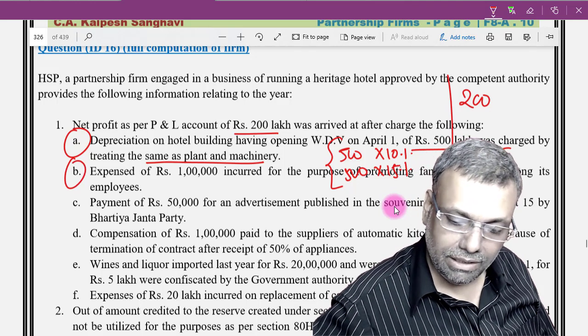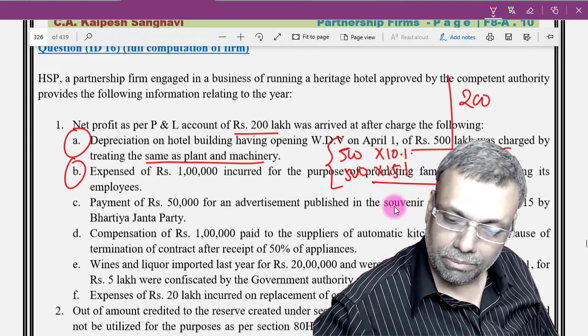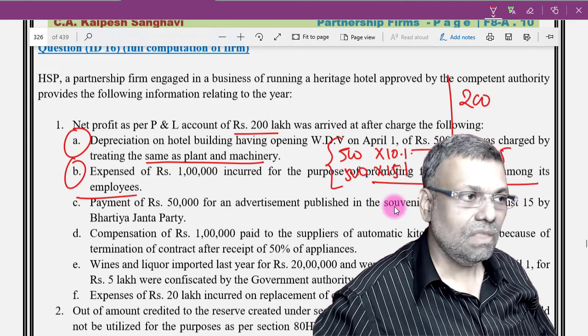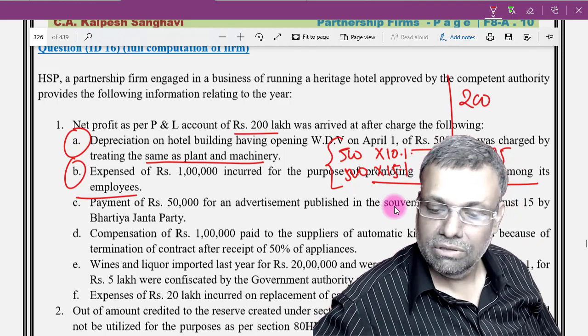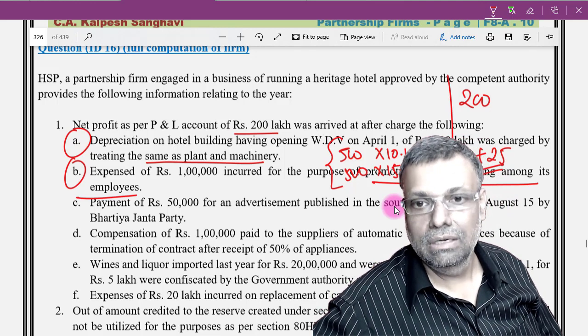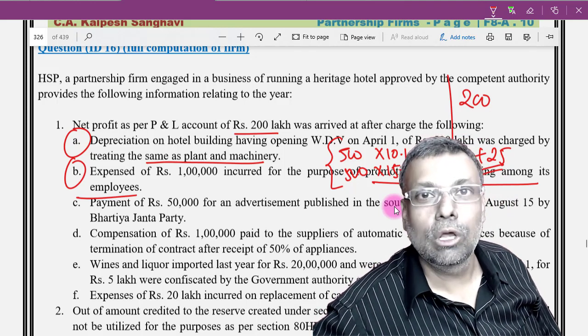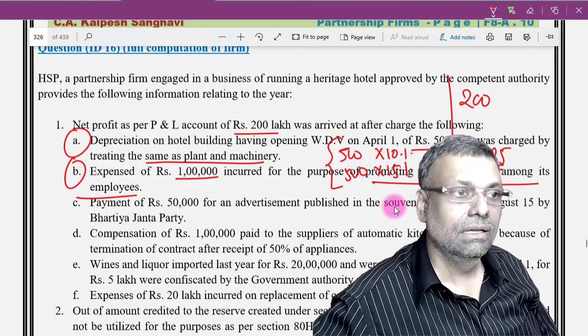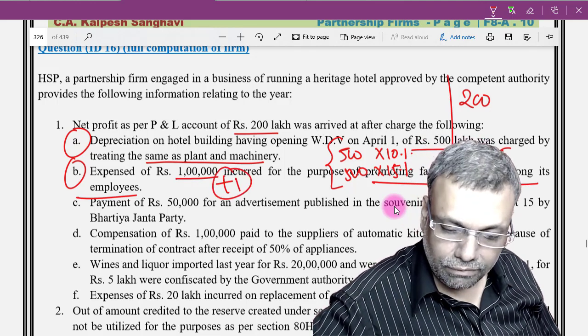Point number B. Expense of 1 lakh incurred for the promotion of family planning pertaining to its employees. Now, the deduction for promotion of family planning is given only to a corporate entity. This is a partnership firm, and therefore this 1 lakh is not allowed as a deduction. So you have to add 1 lakh.